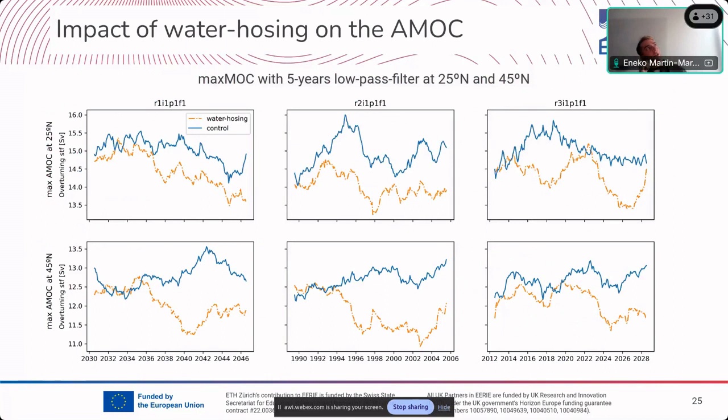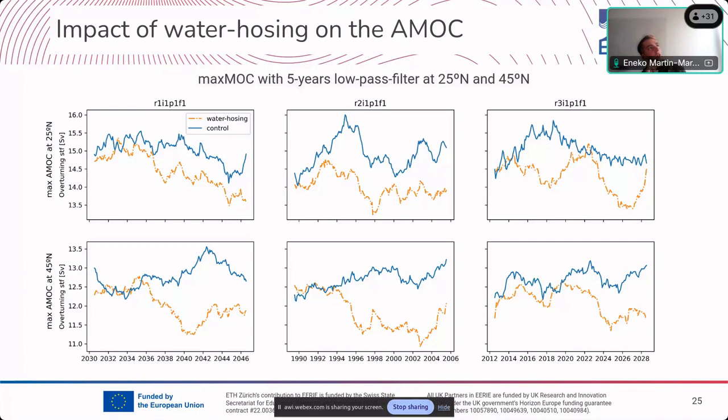And it seems that we have some kind of trend to lower AMOC in the water hosing, which is the one in orange. We can see on the first row at 25 degrees north, which is close to the RAPID array, and on the second row at 45 degrees north.